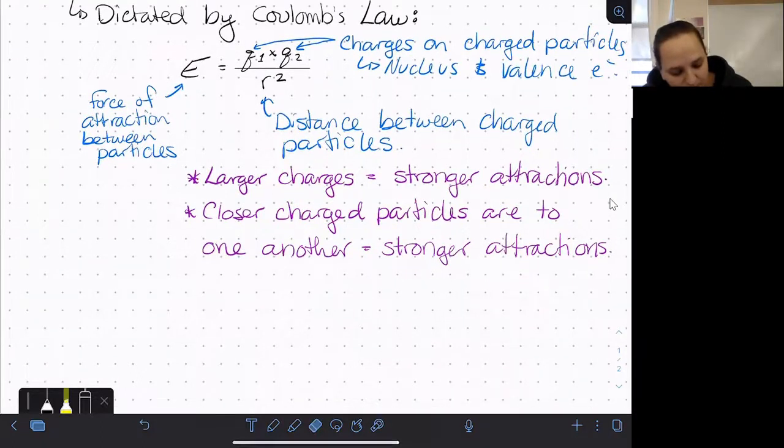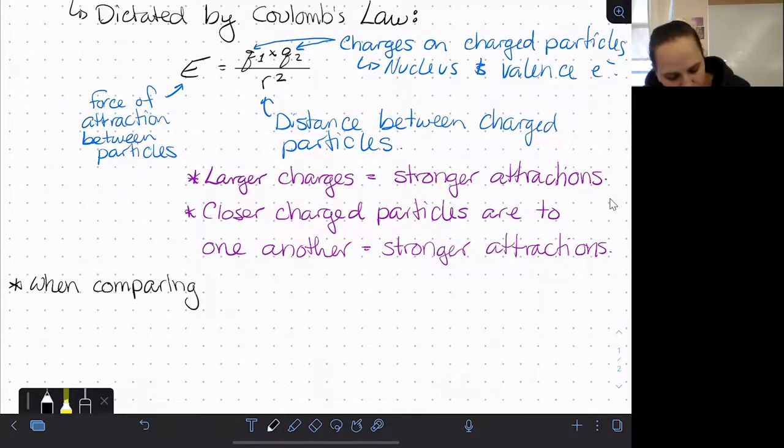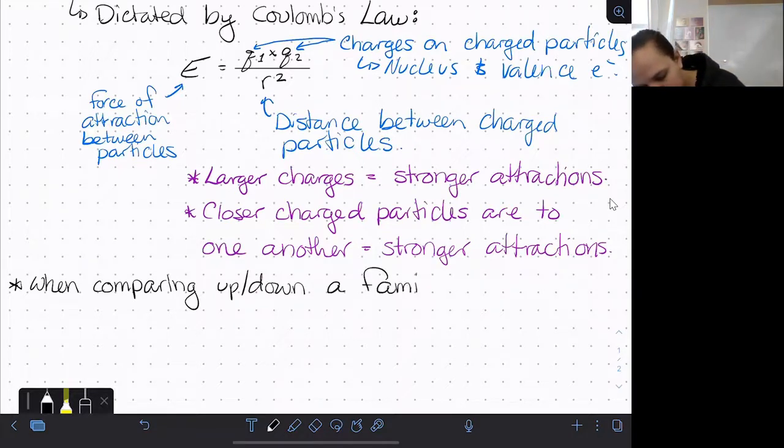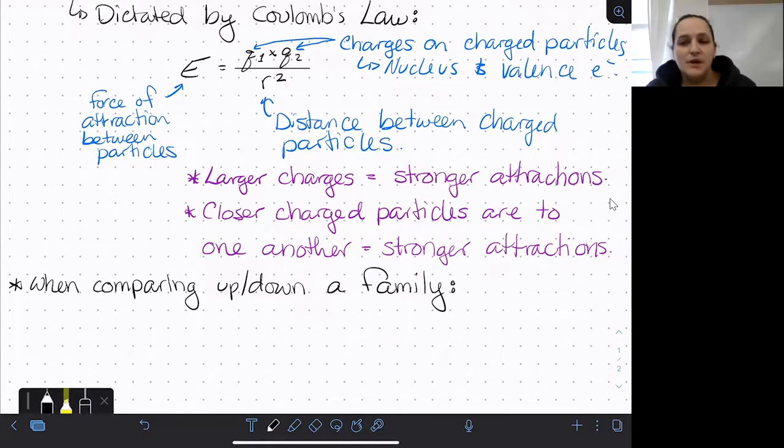So when you are moving up or down a family within the periodic table, the main difference in terms of atomic structure that is giving rise to these trends is this distance idea.